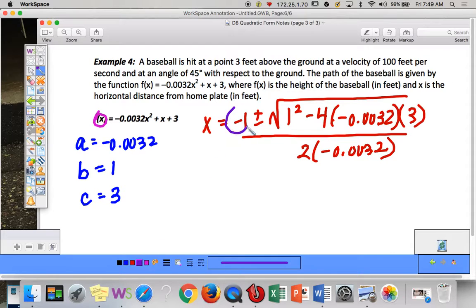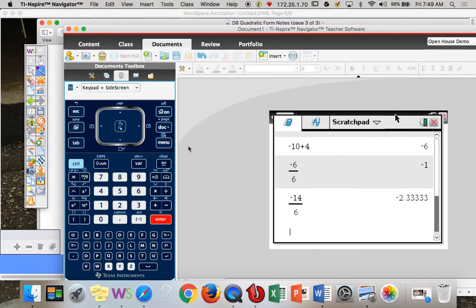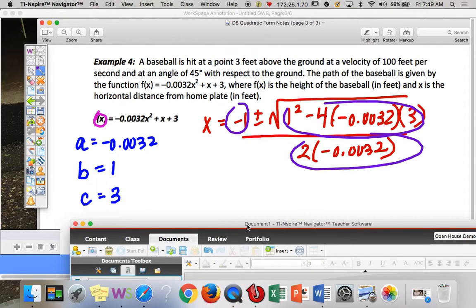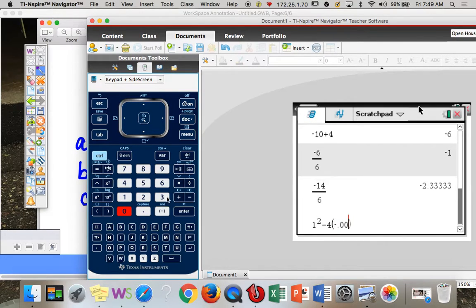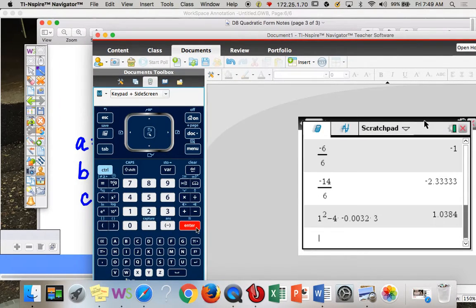Okay, figure out your 3 chunks here. So let's do the first one first. 1 squared is 1 minus 4 times that negative 0.0032 times 3.